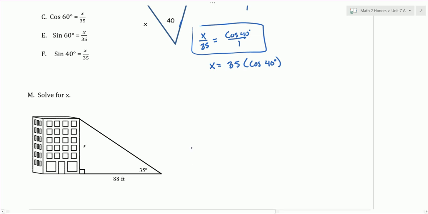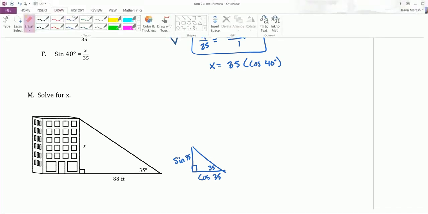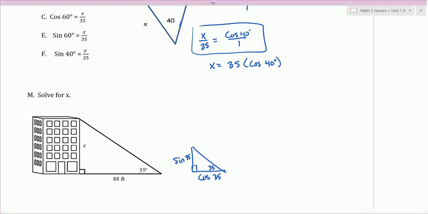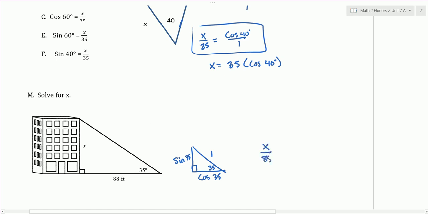Solve for x, again start with, on part M, a similar triangle with a hypotenuse of 1. And we want to solve for x, so x over 88 is sine 35 over cosine 35.